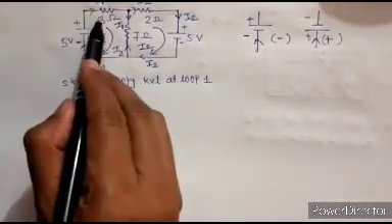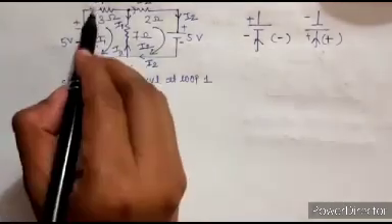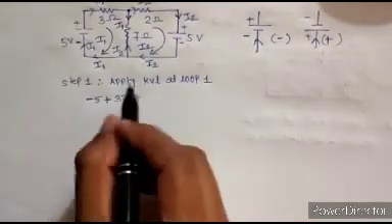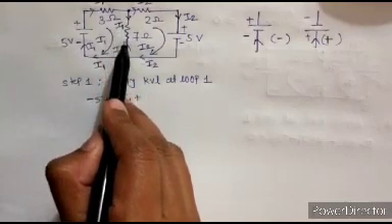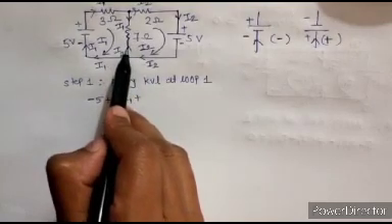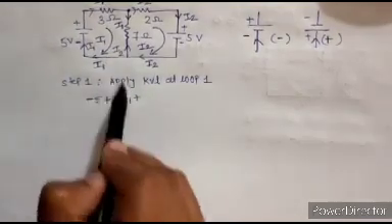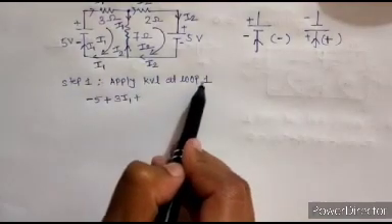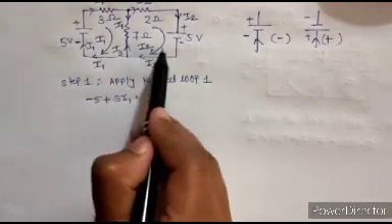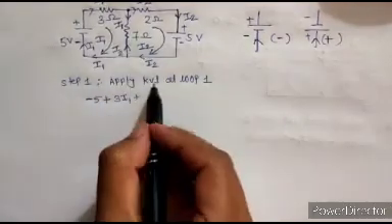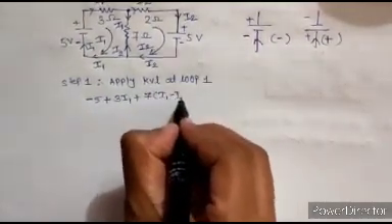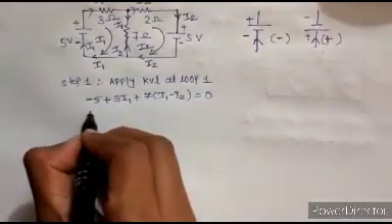Then the current flows in the 3 ohm resistance and the current is I1, that's why I take it as 3I1. Again I1 flows in the 7 ohm resistance, but here I2 current also flows. We are applying KVL at loop 1, so take the I1 current as positive and I2, being the other loop current, as negative. So 7(I1 - I2).